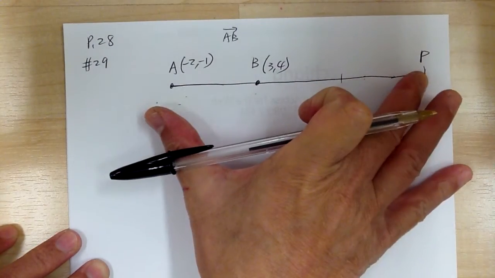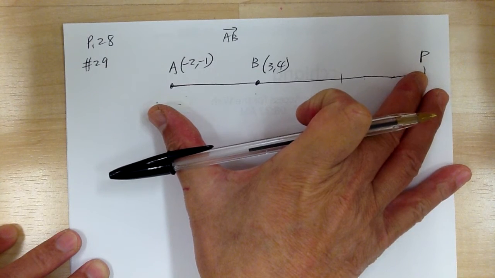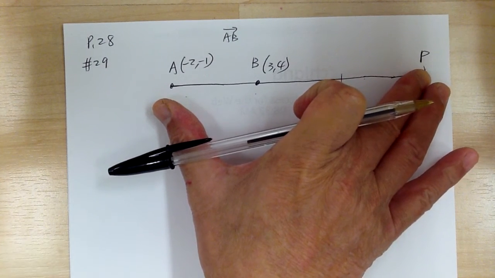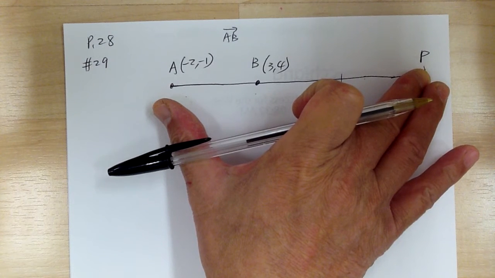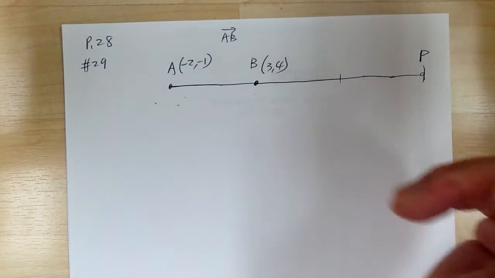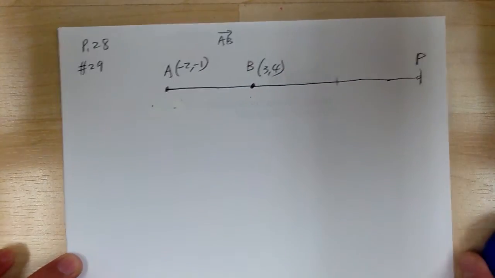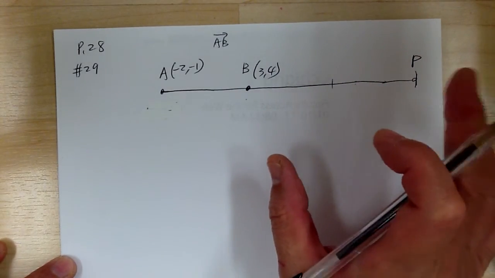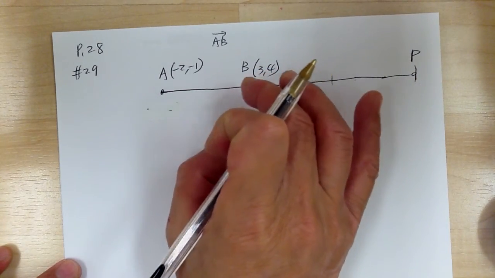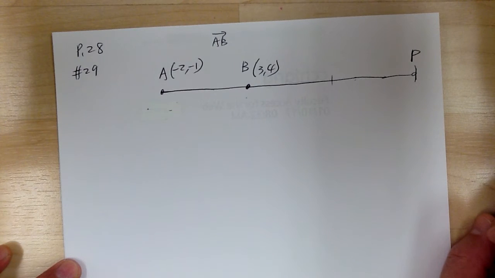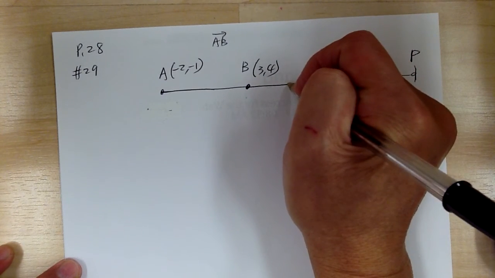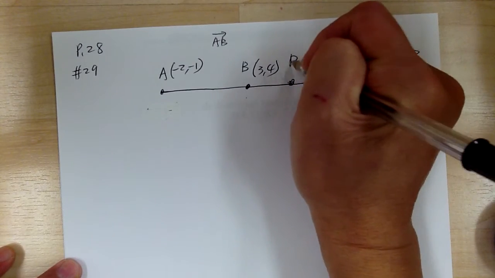So P is 3 units away from A, 3 times as far from A as from B. Again, you don't have to be exact, but if you want to be more exact, you can put P over here.